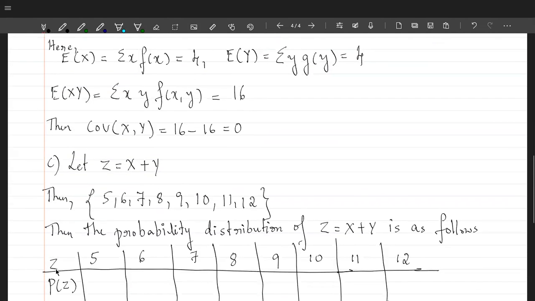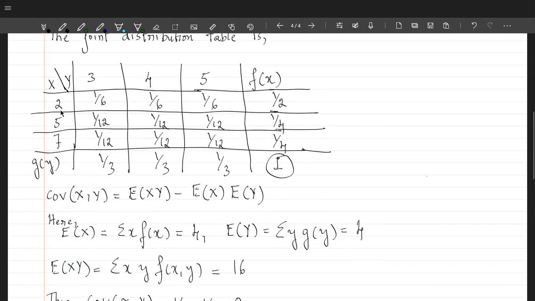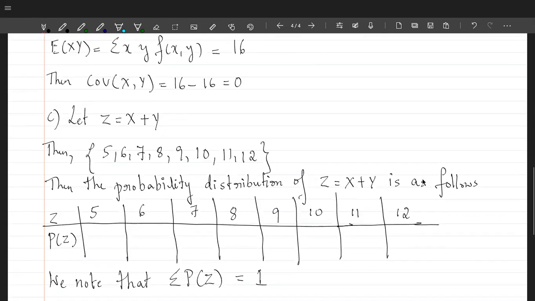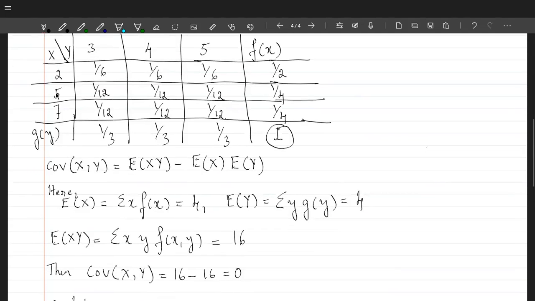Now first case, that is when z takes a value 5. What is the corresponding probability? That is this case, 2 plus 3. What is the corresponding probability here? That is 1 by 6. So write that here. Then for 6, it is possible when x takes a value 2 and when y takes a value 4.